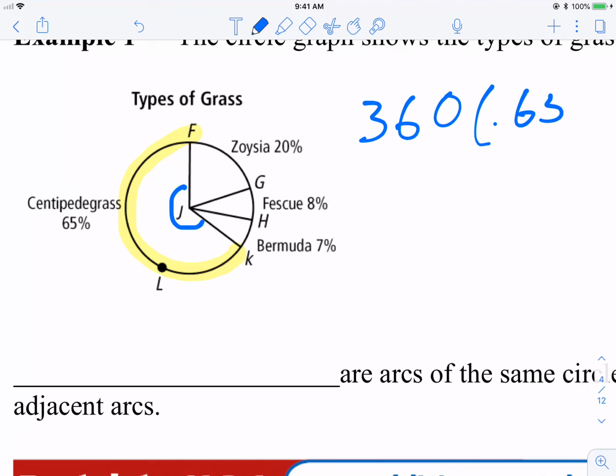We can take 0.65 as a decimal, multiply that by 360 degrees, go to our calculator, and we get 234 degrees. That is the measure of both the central angle and the corresponding major arc FLK.